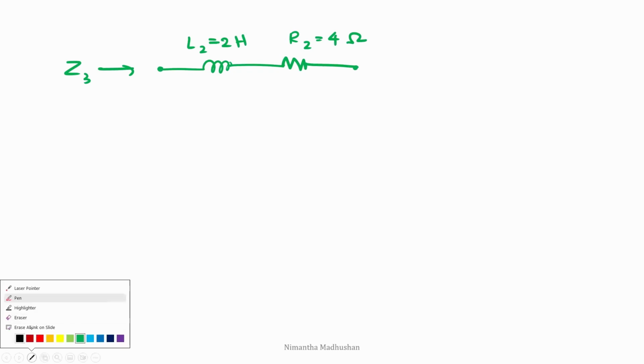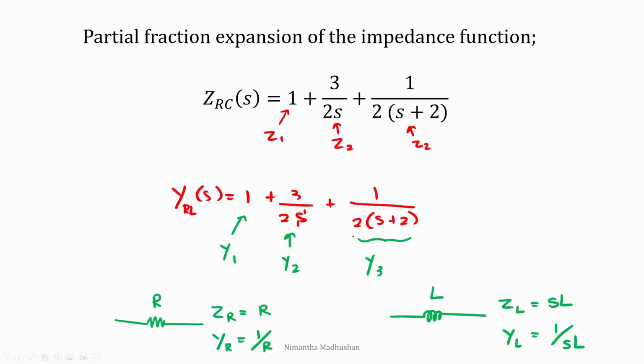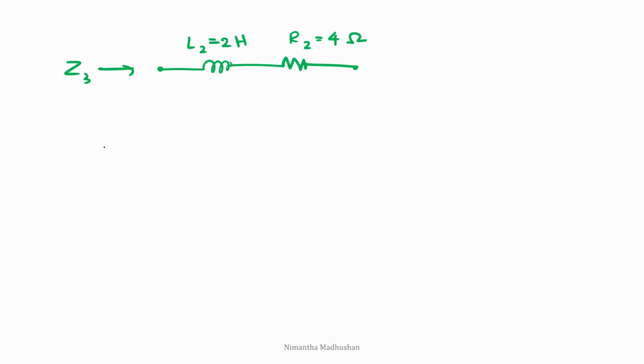Then if we draw the final circuit diagram, Y1 is a resistor, Y2 is an inductor, and Y3 is a combination of resistor and inductor. These are plus marks. In admittance, this plus mark means they are connected in parallel. Then we can draw the final circuit.